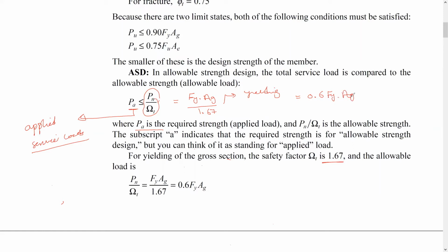In fracture, same thing here, which is Pn divided by the safety factor in the case of fracture. So Pn, or the nominal strength here, is equal to the ultimate strength Fu times the effective net area, divided by 2, because the safety factor in the case of fracture is equal to 2. So this one is going to be 0.5 Fu times Ae. Okay, so these are the two limit states in the case of the ASD method.